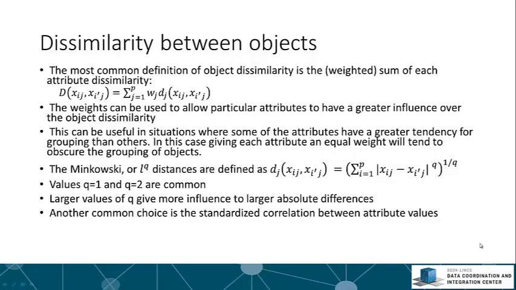Now, the typical values for q are 1 or 2, and what this does is, by choosing larger values of q, you allow larger absolute differences to have a greater influence over the perceived object dissimilarity. Another very common choice is simply the standardized correlation between attribute values.